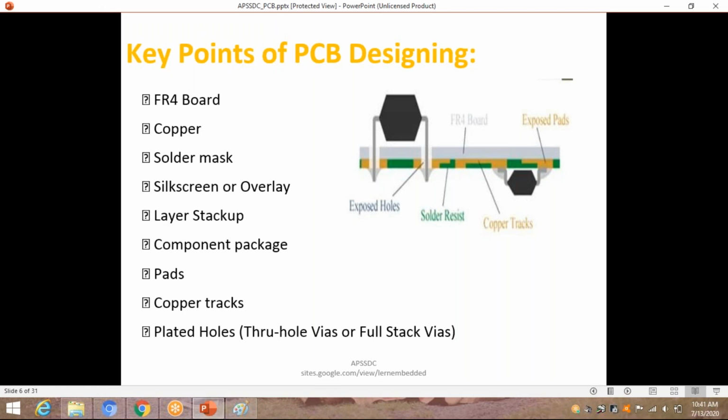In PCBs, it looks like a plastic sheet, but that is not plastic. It is made up of fiberglass, epoxy, and woven cloth material. That material is called FR4. Am I clear, guys?